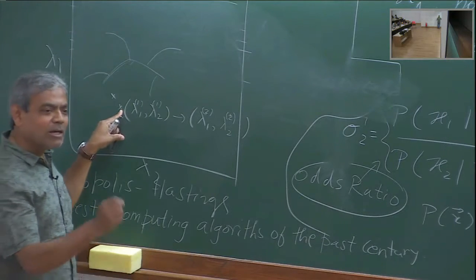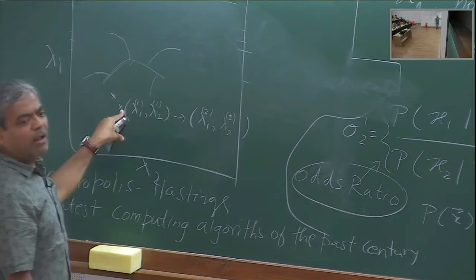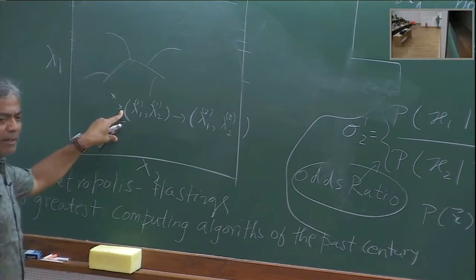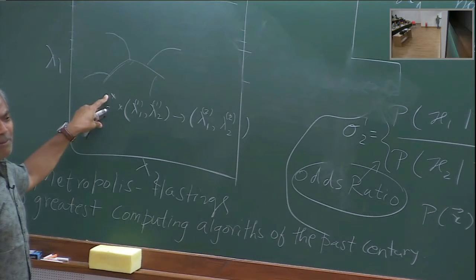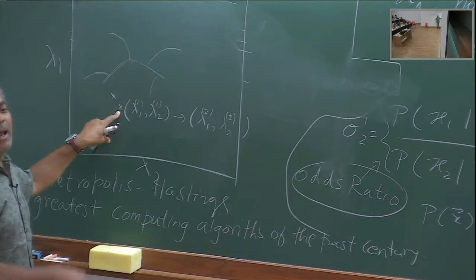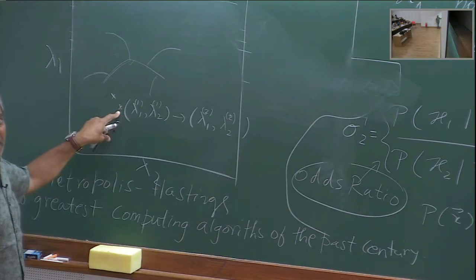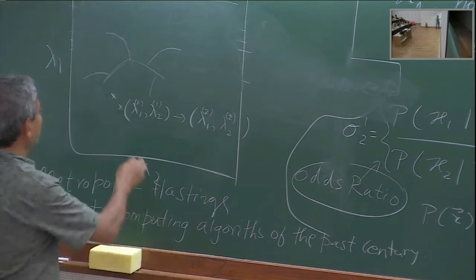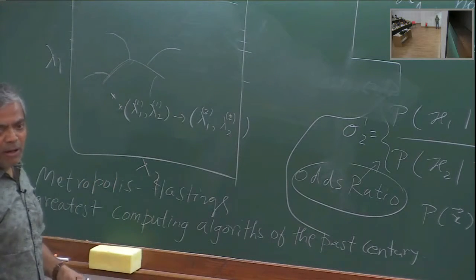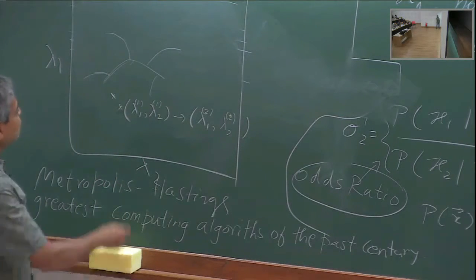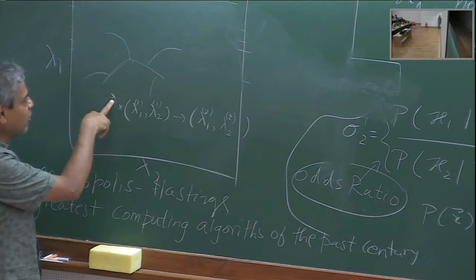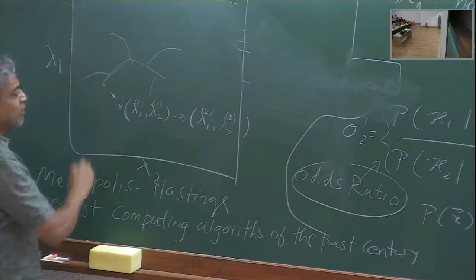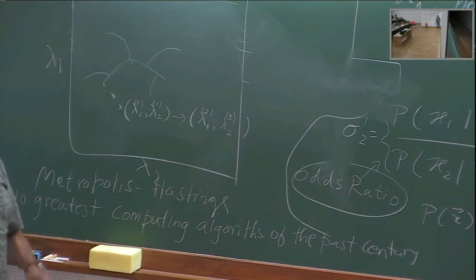In fact, you literally toss a coin and you ask the question, am I going to make the jump or not? If it hits heads, you go there. If it is tails, you simply remain and make a new proposal. And this way, you keep moving, and it turns out that because you're always accepting regions of higher likelihood, eventually you end up somewhere close to, let's say, one of those ridges.